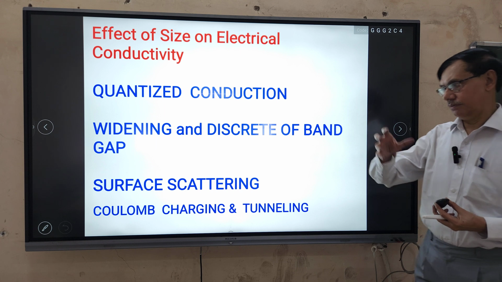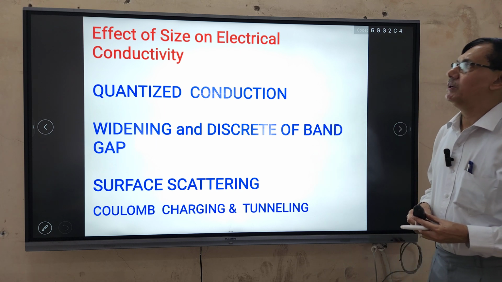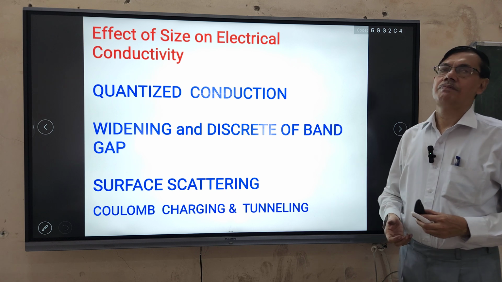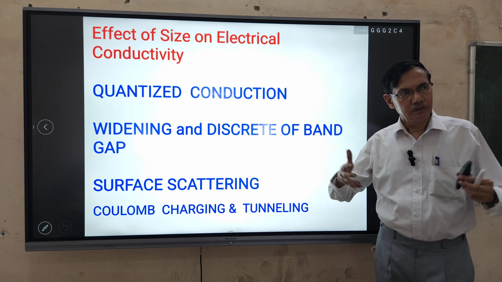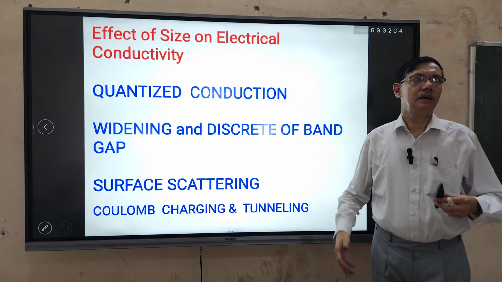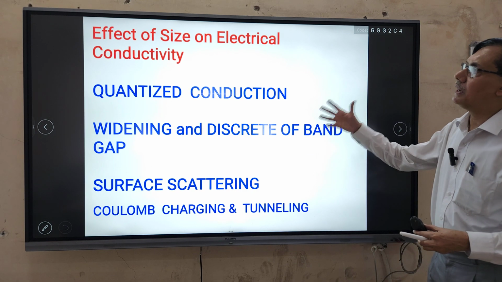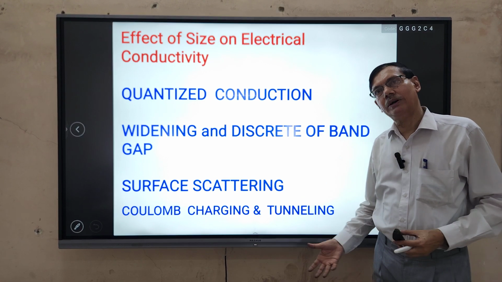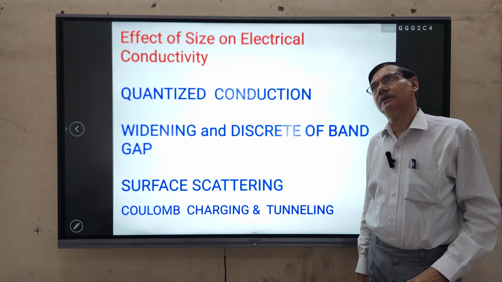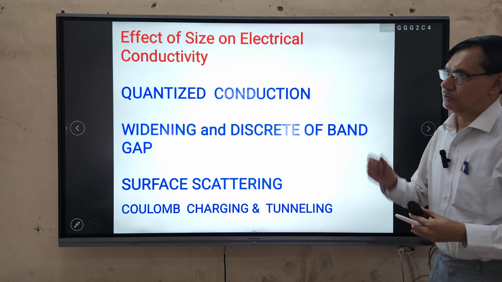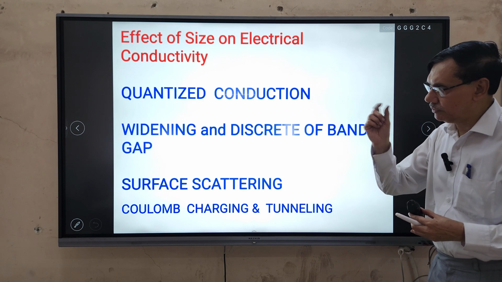Now, if you ask me what the factors responsible for change in electrical properties or thermal conductivity are: just like your electrical properties or mechanical properties, quantum confinement is very important, because we are talking about the movement of the electrons.